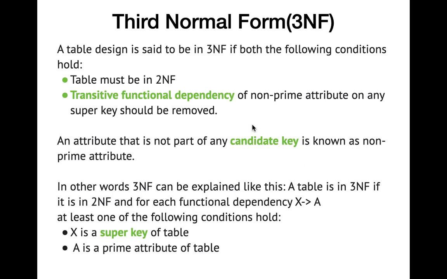If X is not a super key, at least A should be a prime attribute. This condition arises from the rule that transitive dependency on a non-prime attribute should be removed. So if the dependency is coming from a prime attribute, it's okay.